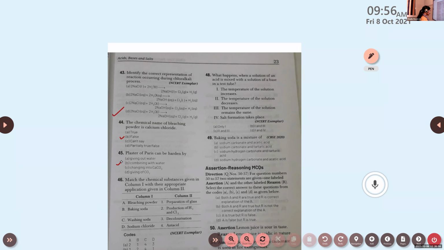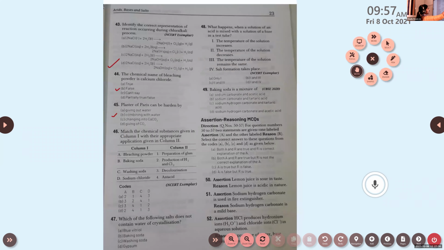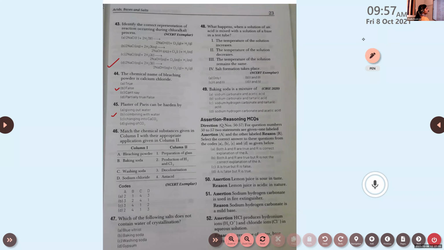Column 2: preparation of glass, production of hydrogen and chlorine, decolorization, and antacid.